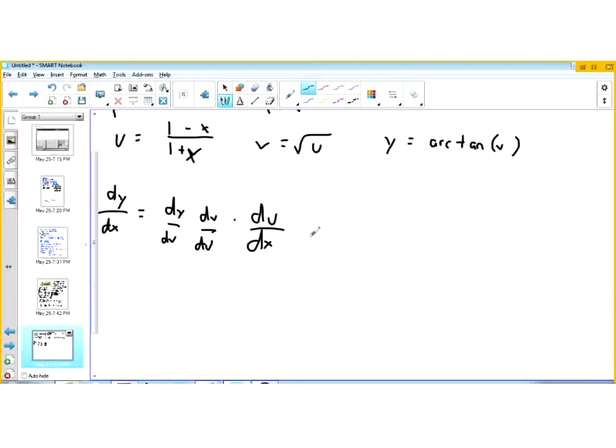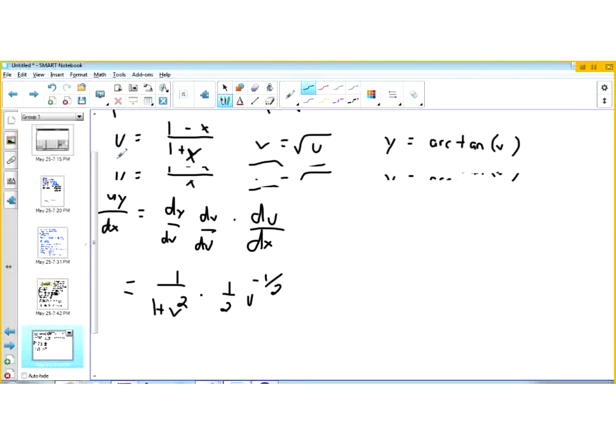That is what we're chasing here. We know that the derivative of y with respect to v is just the derivative of the arctan function, which is 1 over 1 plus v squared. And the derivative of v with respect to u is just 1/2 times u to the negative 1/2.